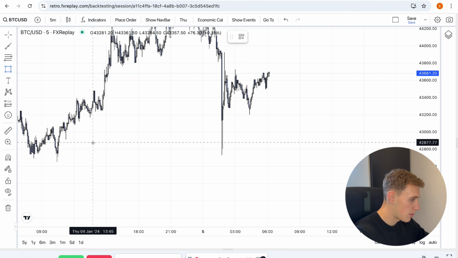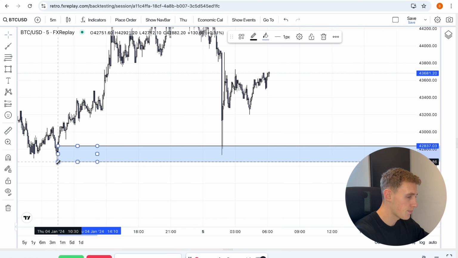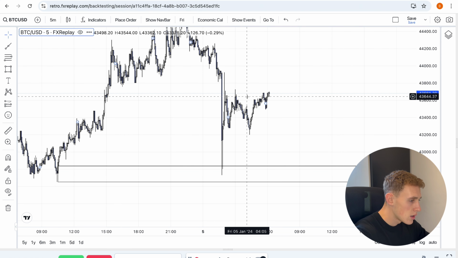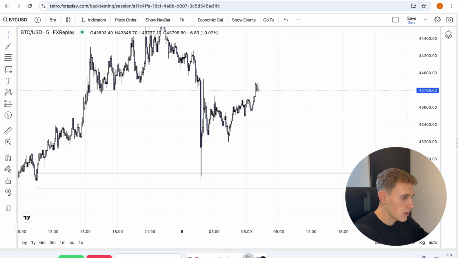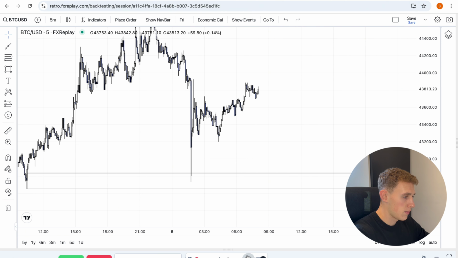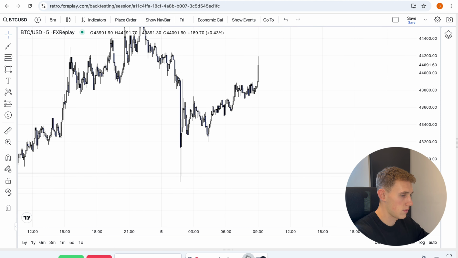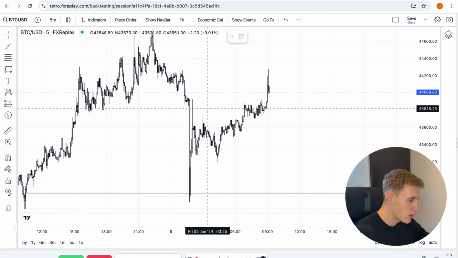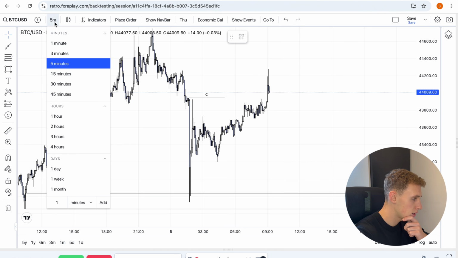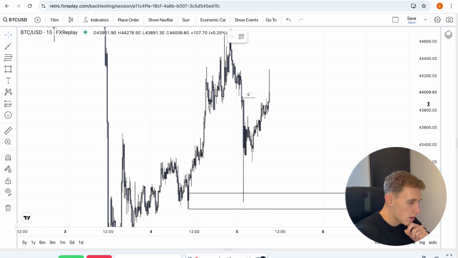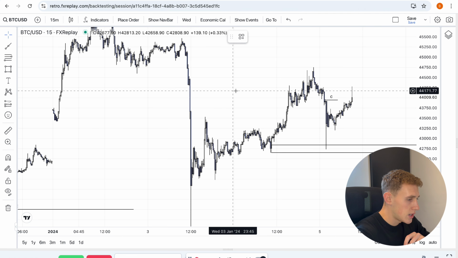So we can see as well, price sort of reacted from that demand there. Hasn't yet broken any structure. So there we go. You could technically consider that a change of character. Price is still overall bullish.